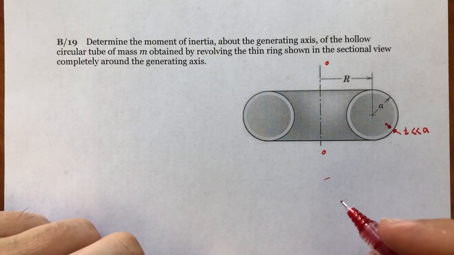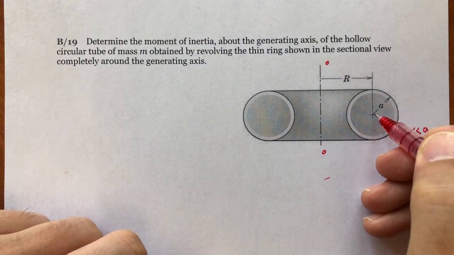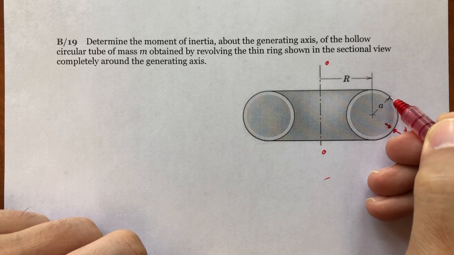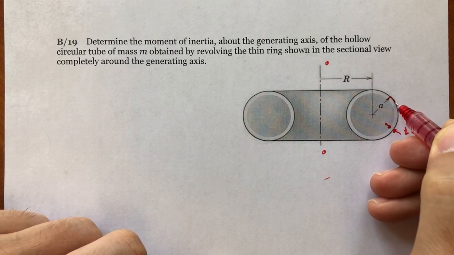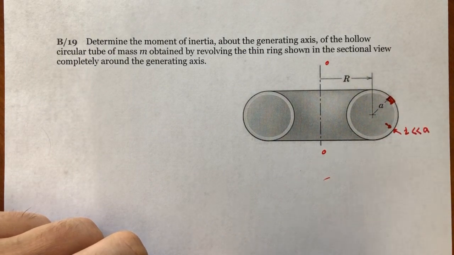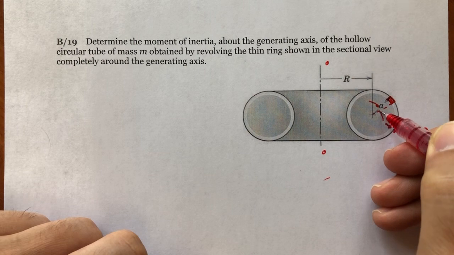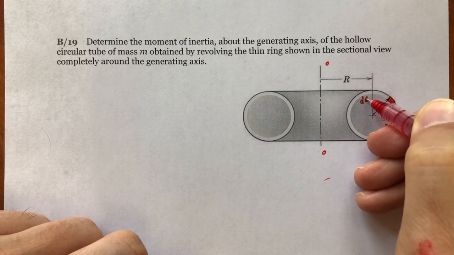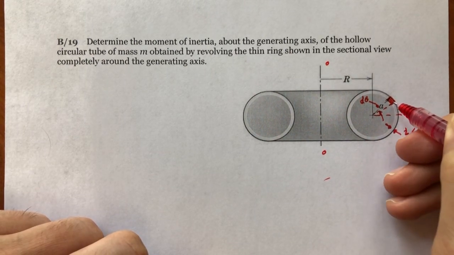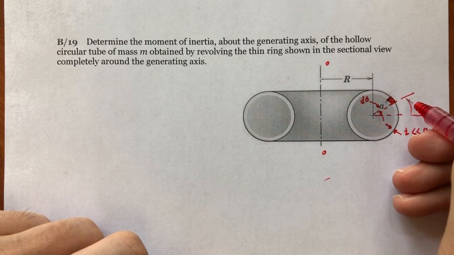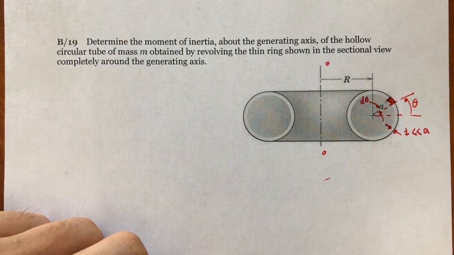So to solve this problem, the integral element I'm going to choose is a tiny piece of this wall. Let's say this angle is d theta, and this angle is theta.